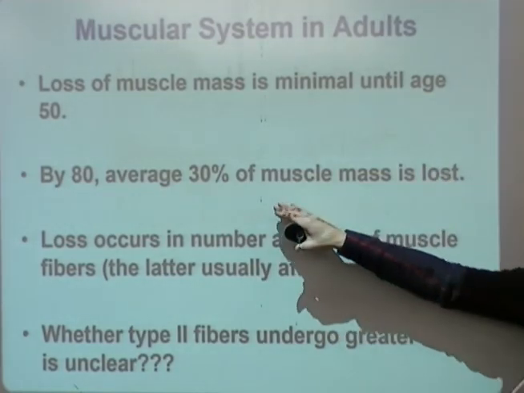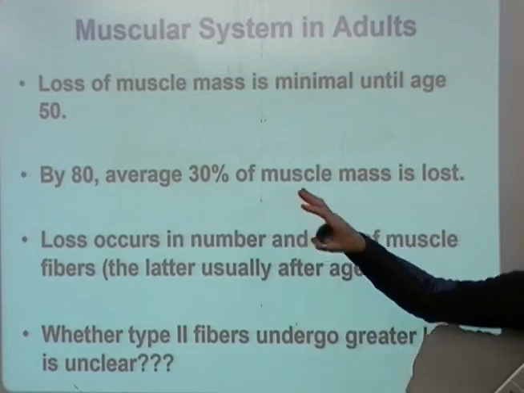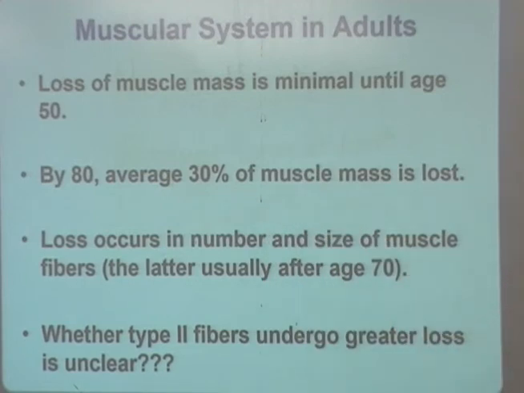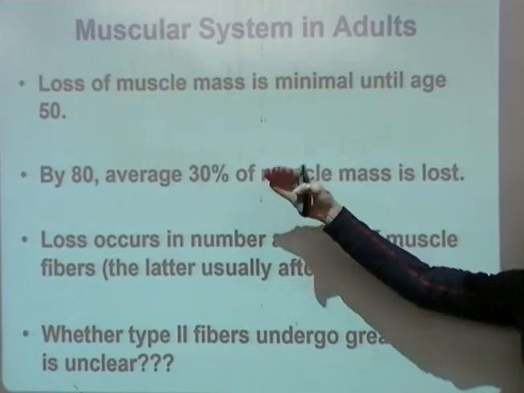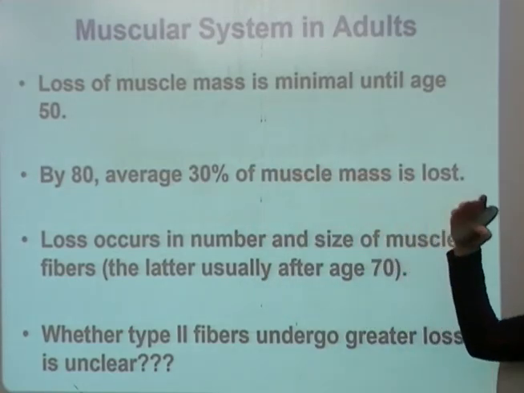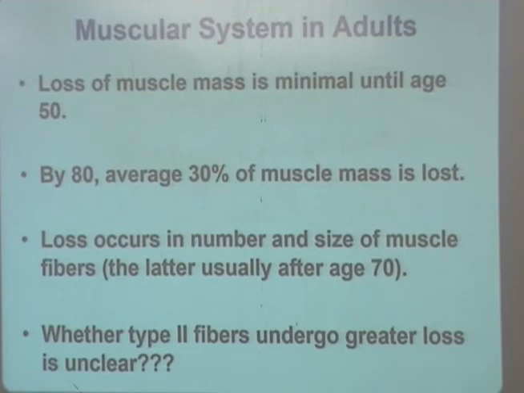Do I have to lose 30% of my muscle mass? No, the research doesn't indicate that. It looks as though if I exercise regularly, I can keep a lot more. Am I going to lose muscle? Yes. Am I going to lose that much? No. So the key is I want to minimize the loss as much as I can, because how do I stay on balance?